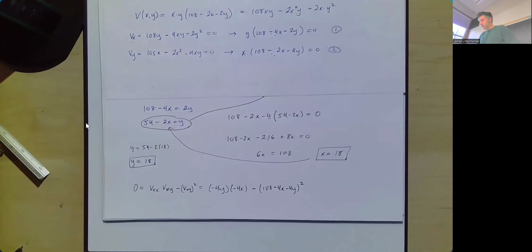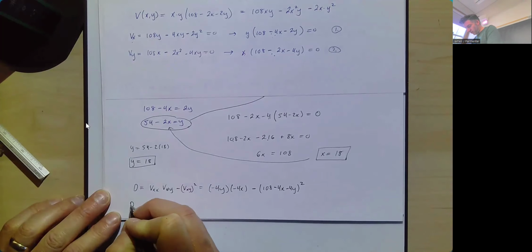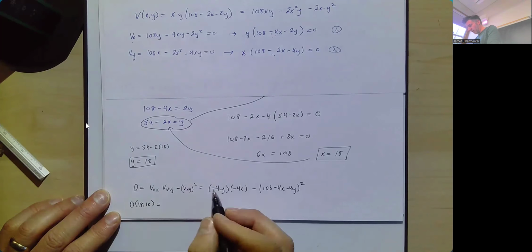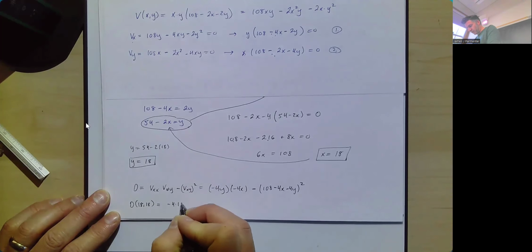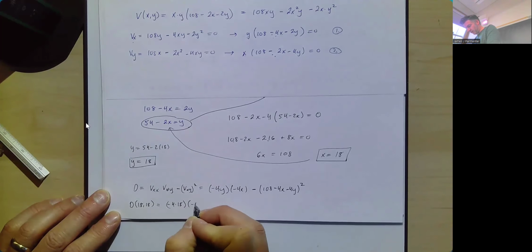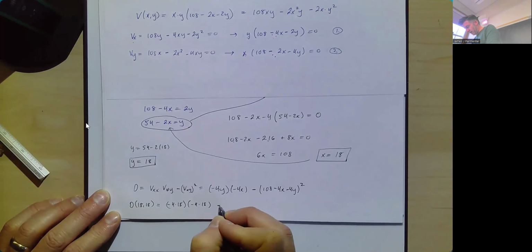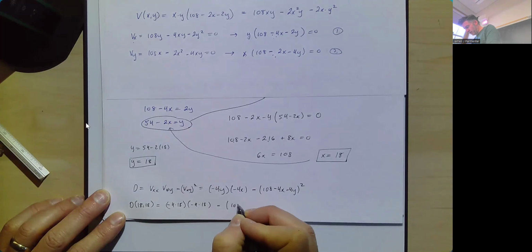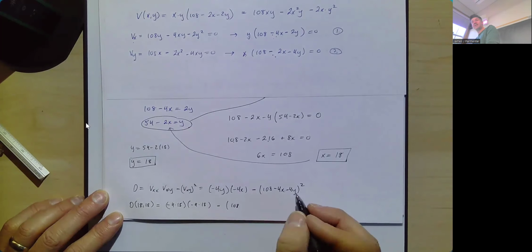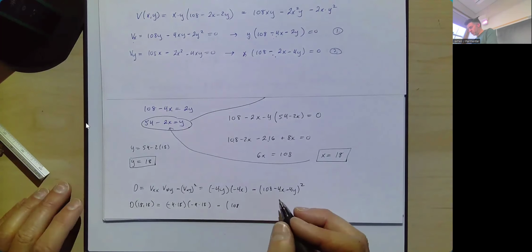And I'm hoping that when I plug in my critical point, this tells me it's a maximum. Otherwise, I've done all this for nothing. Not really nothing. Okay, let's see. If we plug in the critical point that we actually care about, where x is 18 and y is 18, we're going to get negative 4 times 18 times negative 4 times 18 minus 108 minus 4 times 18 is 72.